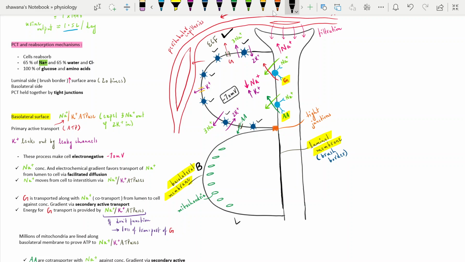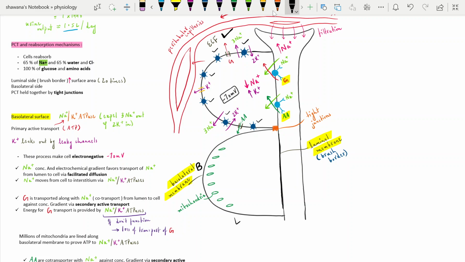When something is pushed against the concentration gradient, it will require ATP, it will require energy. This kind of transport that moves a substance from its low concentration to high concentration, okay, is known as active transport.